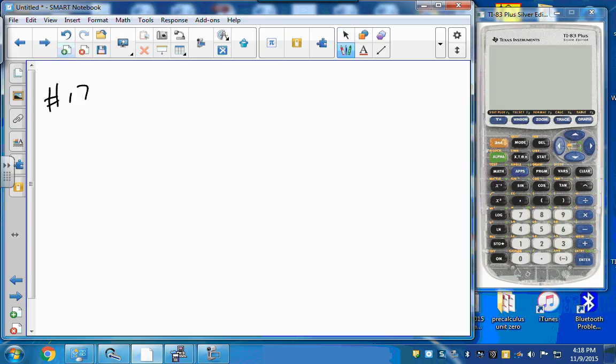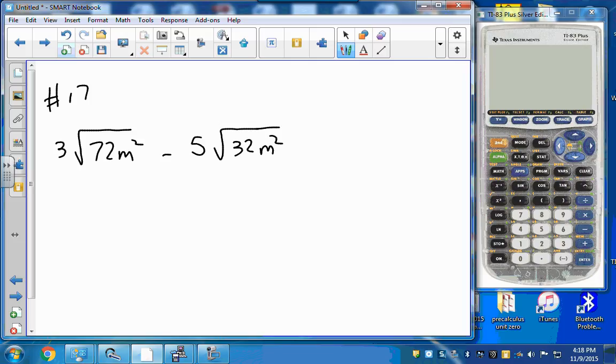It says 3 square root of 72m squared minus 5 times the square root of 32m squared, and then minus 3 square roots of 18m squared.